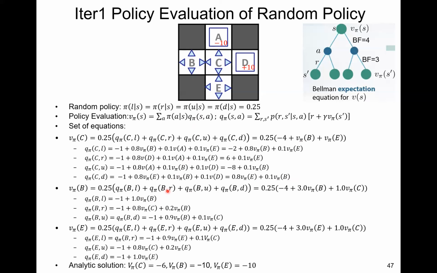If you go right, then you have 80% chance of landing in C, but 20% chance of staying in B, because a 10% chance up and 10% chance down are both blocked. So you stay in the same state B with 20% chance.